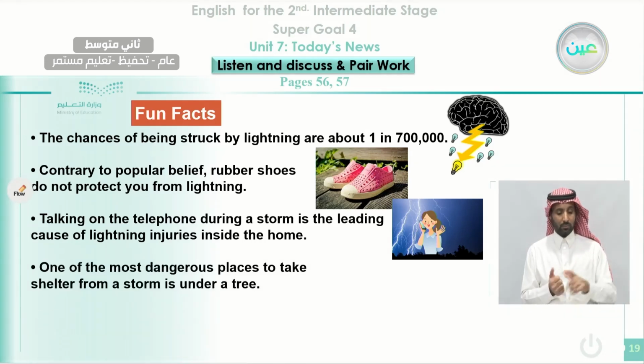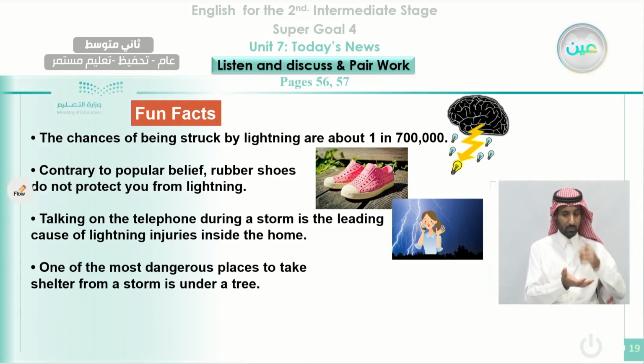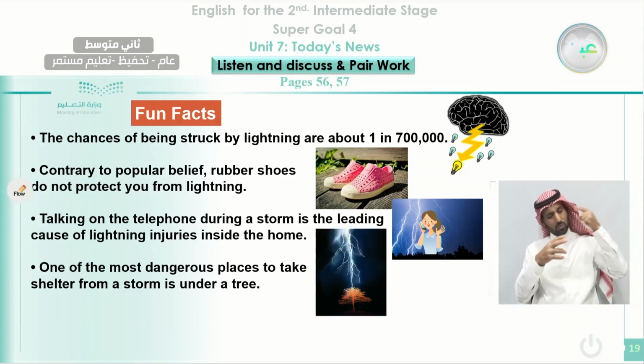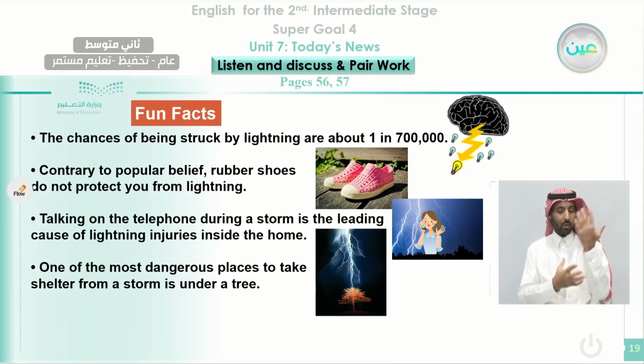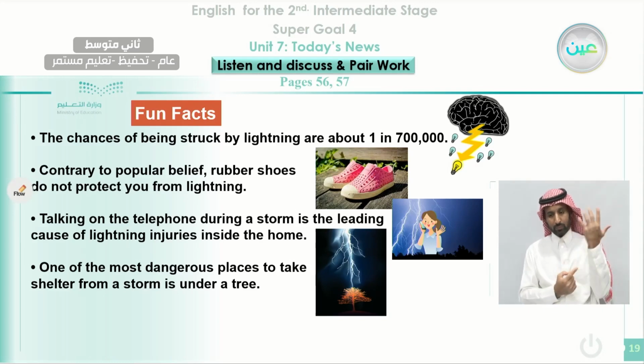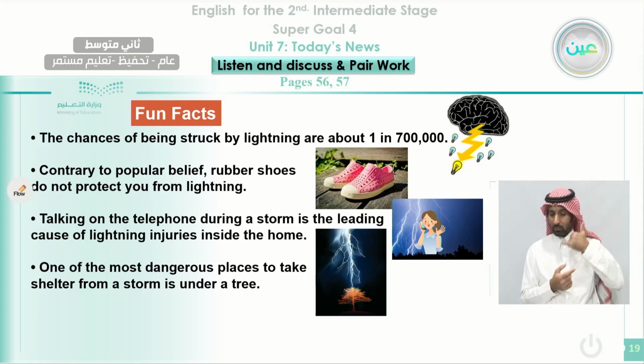One of the most dangerous places to take shelter from a storm is under a tree. So when there is a storm, don't go to the tree, because as you can see here in the picture, sometimes the lightning goes to trees, to high buildings, so you have to avoid taking shelter under the tree. Okay, especially using the cell phone under the tree is very dangerous.